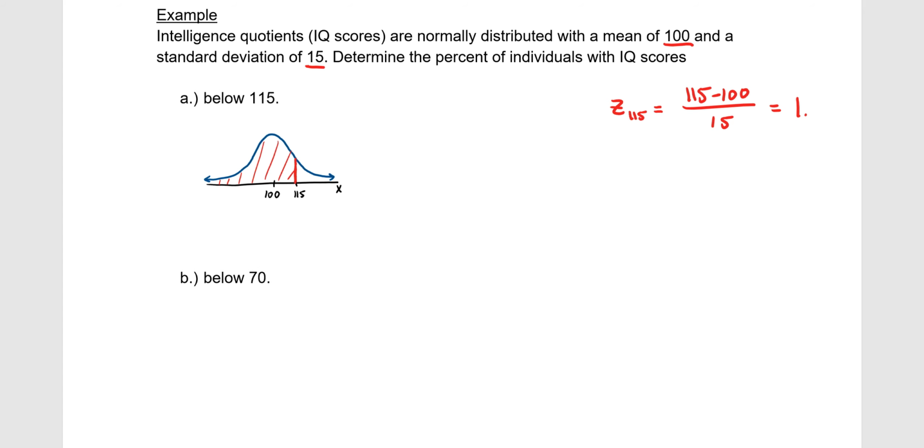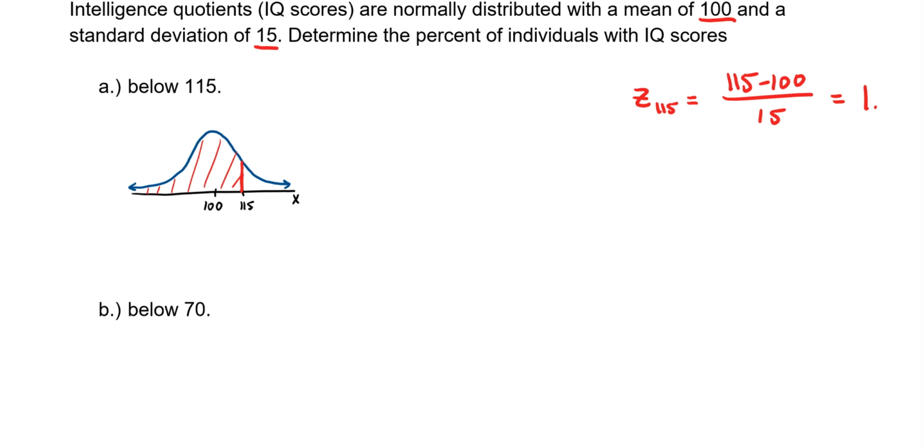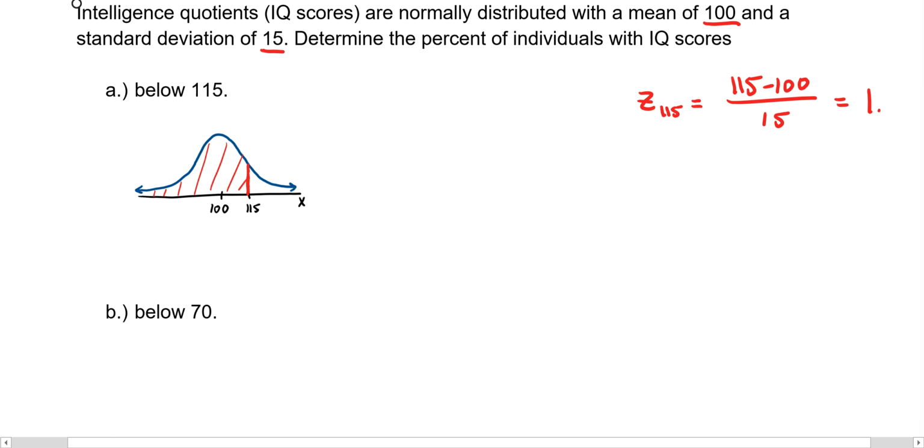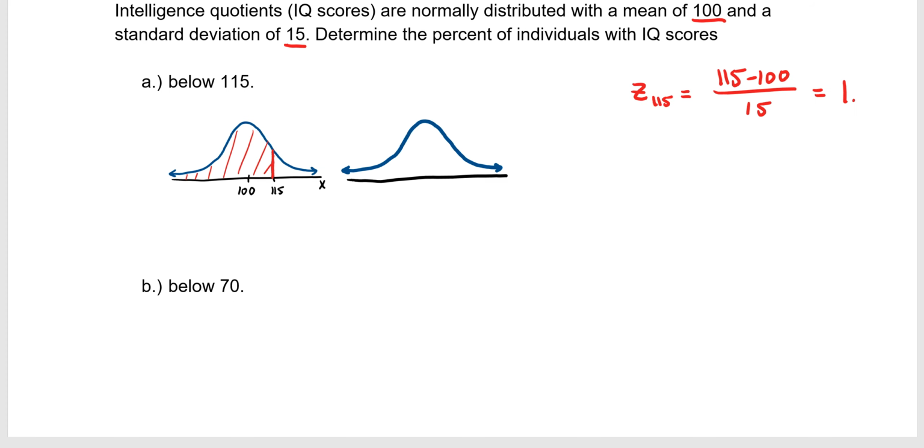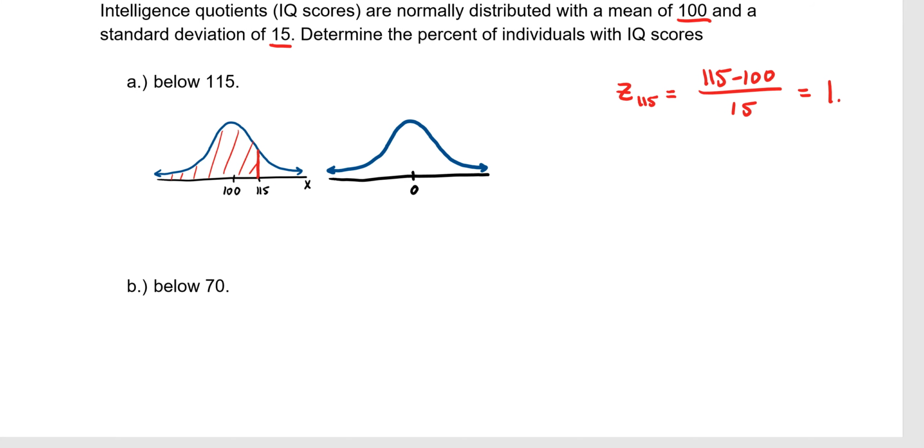So what this means is that, thinking about it in terms of the z-table, we are finding the area to the left of positive 1 because that's what the z-score was. So we're going to be looking for the area to the left of 1 on the table.